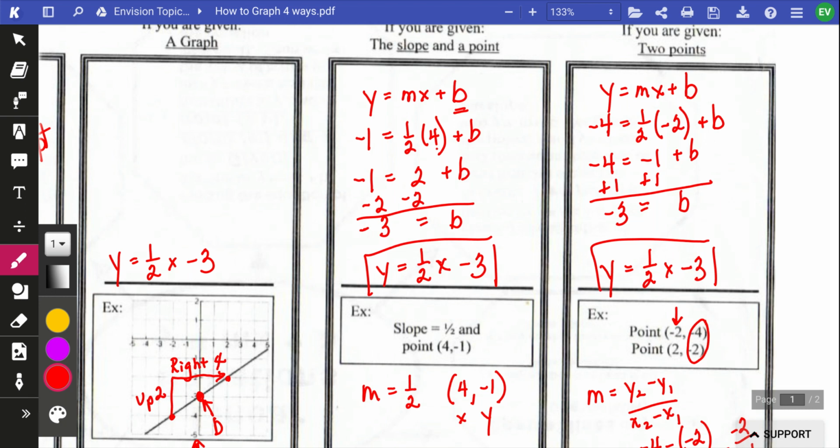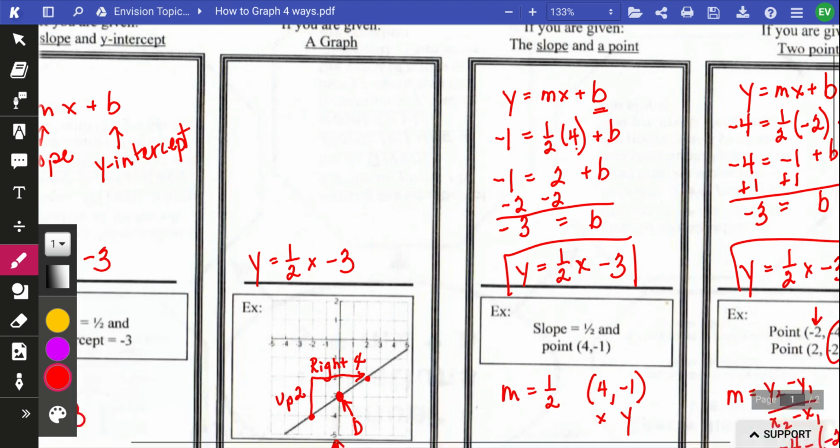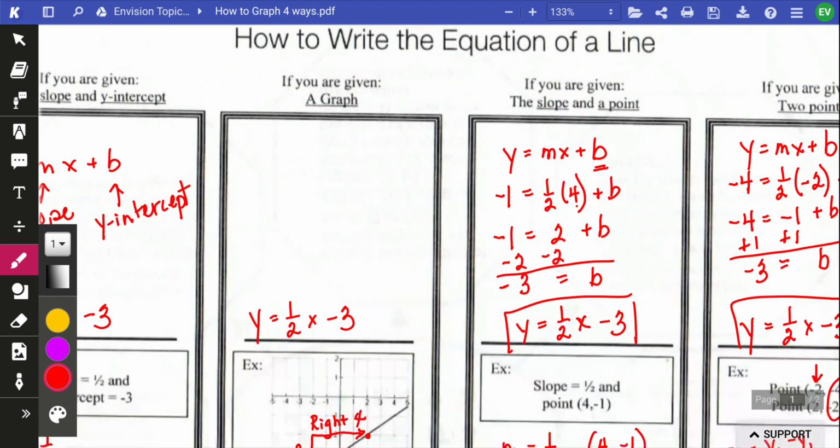A couple of things that you probably want to remember about slope, and I'm going to put them over here on a graph. So slope, remember, the top number is your up or down. The bottom number is your right or left. When you go up, it's positive. When you go right, it's positive. When you go down, it's negative. When you go left, it's negative.